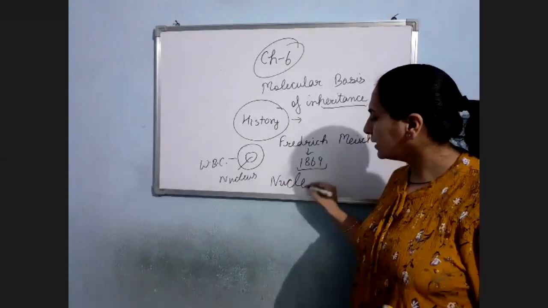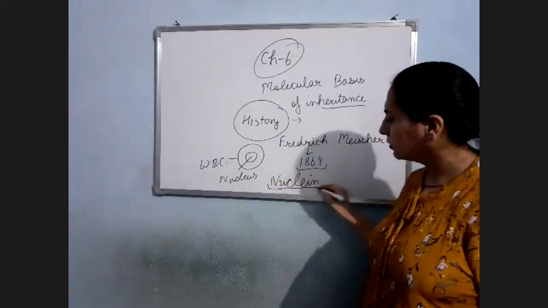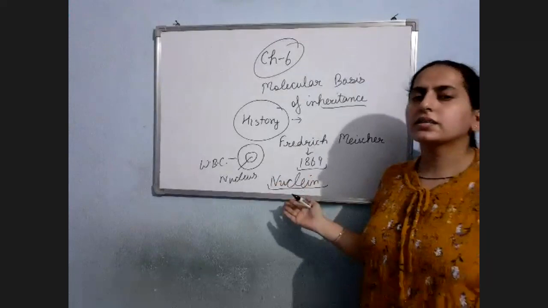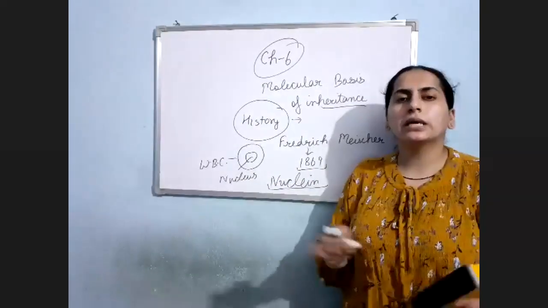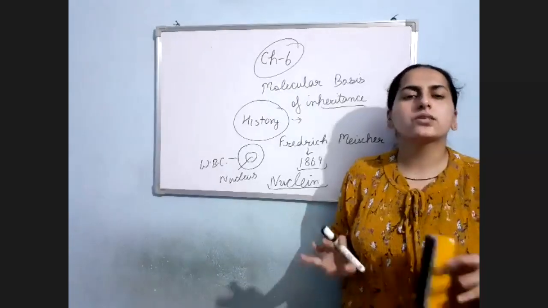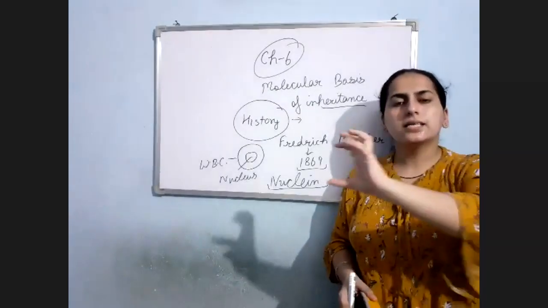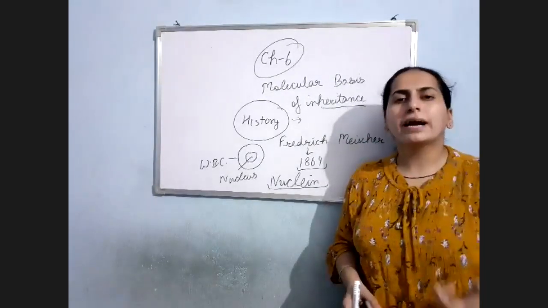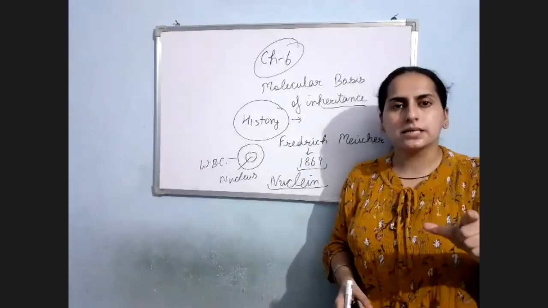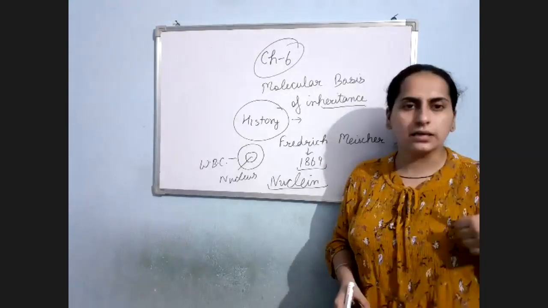And why he gave the name nuclein? It's obvious, as he extracted this material from the nucleus. He just took a material from the nucleus of the white blood cells, basically the pus cells, and he named it as nuclein.